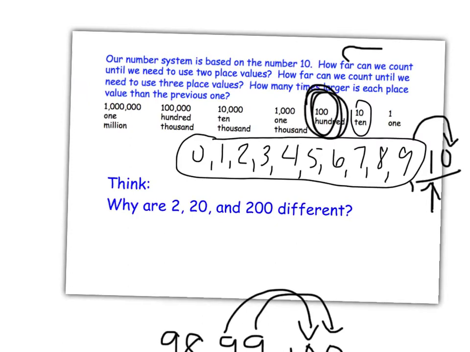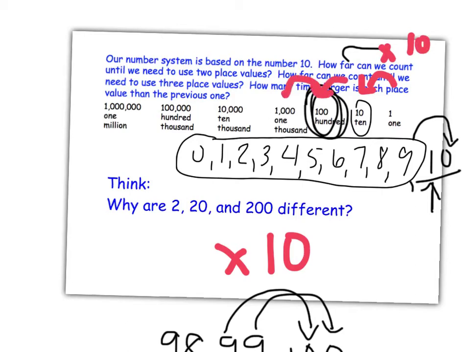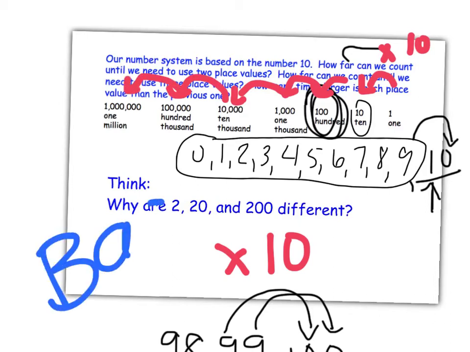What base value are we learning today? If you said times 10, you were exactly right. So each one, we're moving up by 10. Times 10, times 10, times 10, times 10. That makes sense because today we are learning base 10. All right, let's go ahead and look at our next section.